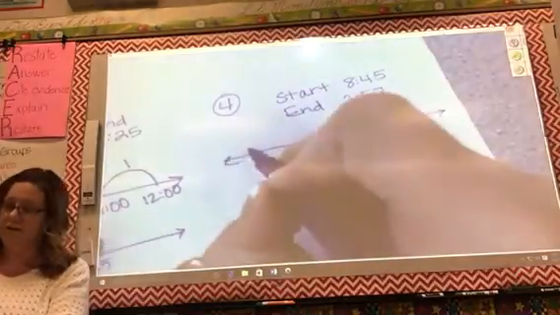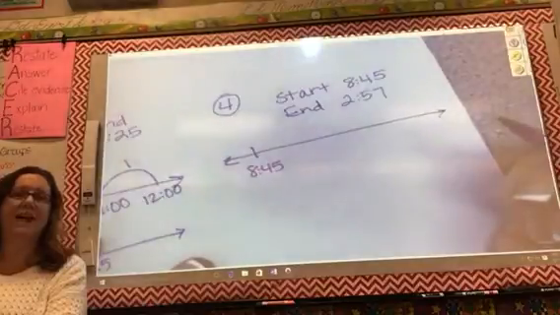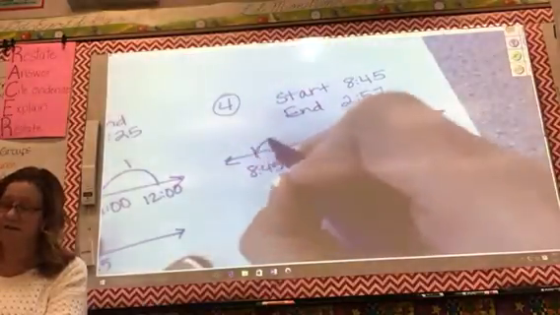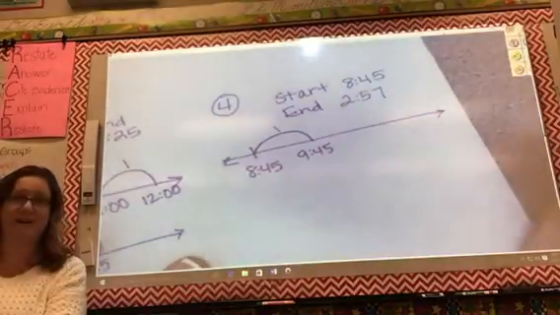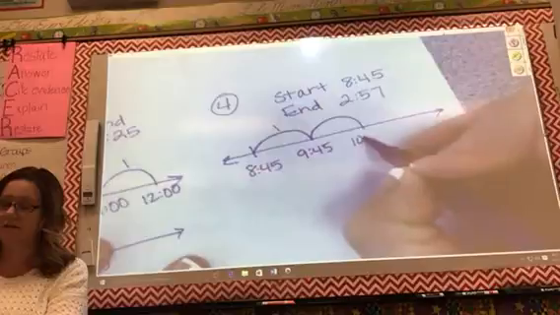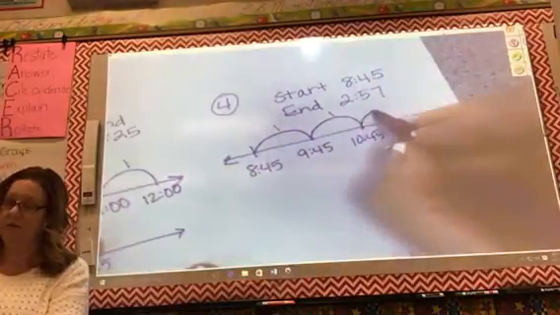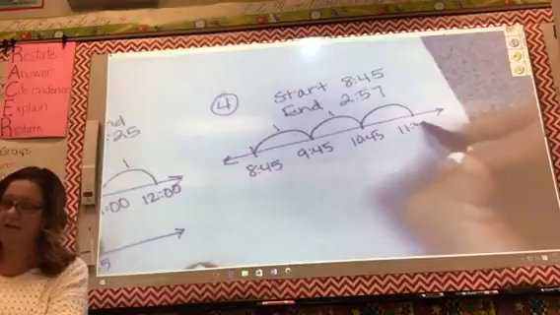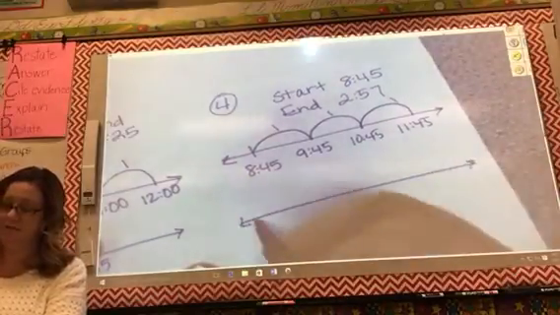All right, so we're going to start right here at 8:45. 1 hour from 8:45 is 9:45, right? An hour from 9:45 is 10:45. An hour from 10:45 is 11:45. Again, I'm out of room, so I'm going to come down here.